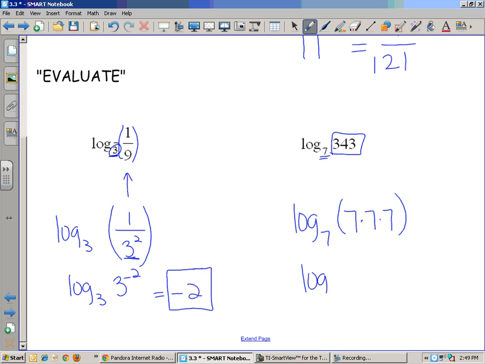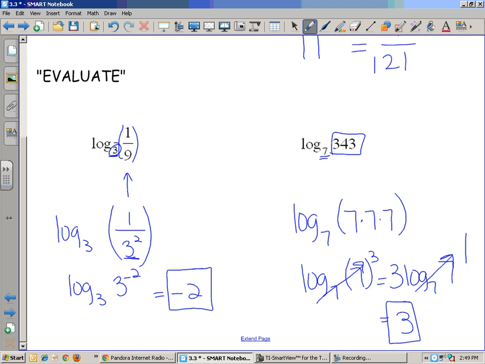So log base 7 of 7 to the 3rd. These become 1, or you could say that is equal to 1. So 3 times 1 is 3. Okay? So evaluate without any calculator means you have to convert this number into some form of the base, 7 in this case.